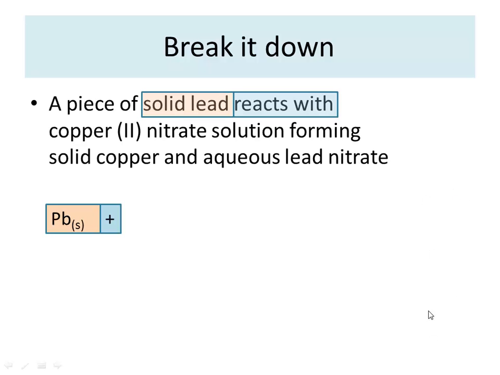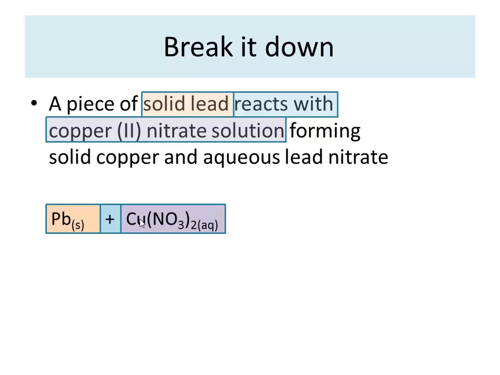Reacts with, we have that little plus sign. That's to say that lead solid is coming together with copper 2 nitrate solution. So right here, we translate this to lead solid reacts with copper nitrate solution, or you could say solid lead reacts with aqueous copper 2 nitrate.